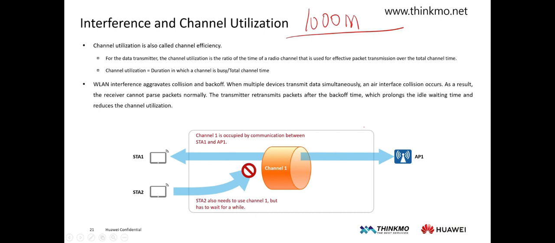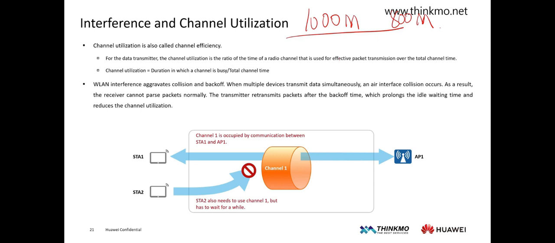Here, the bandwidth utilization is actually 80%, which means 800 megabits, and this is based on the concept of data volume. However, in WLAN, channel utilization is based on the concept of time, referring to the effective data transmission time ratio during the transmission cycle.